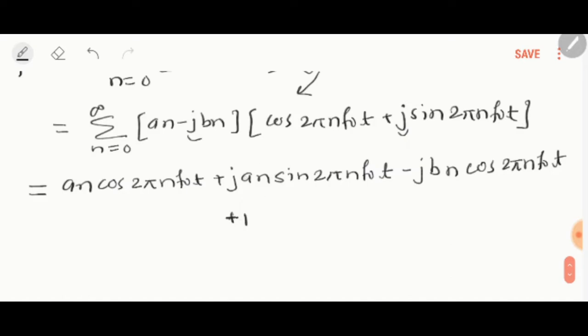So plus 1 into bn sine 2 pi n f naught t, which is nothing but equal to f(t).